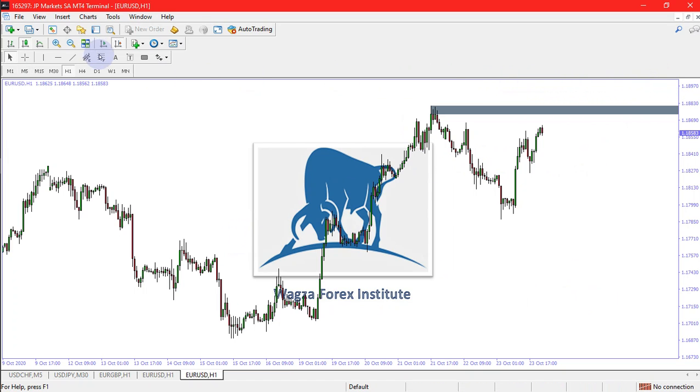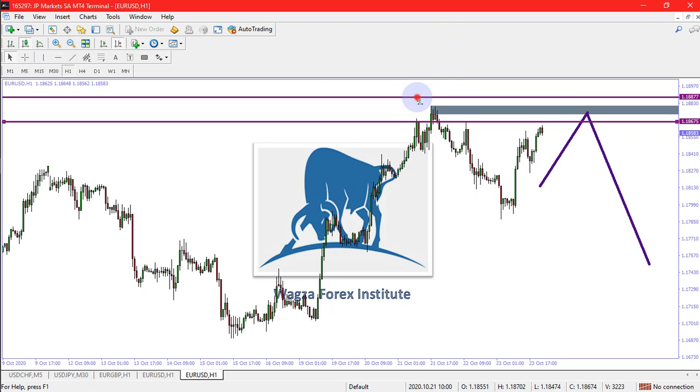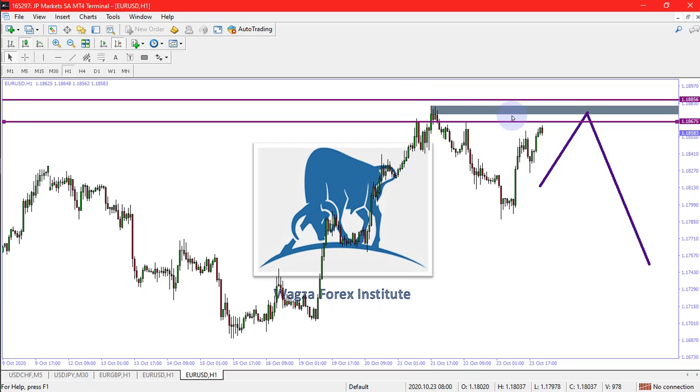Now our prediction is for the market to do this. If it makes a double retest, then there you go. Then you sell here when market prices are moving away from the bank's liquidity. Then you place your stop loss here above the zone.